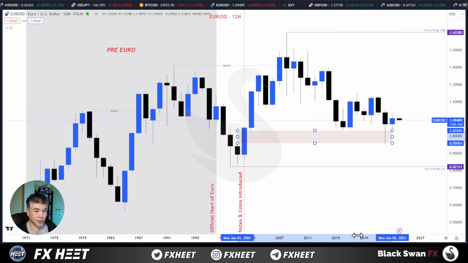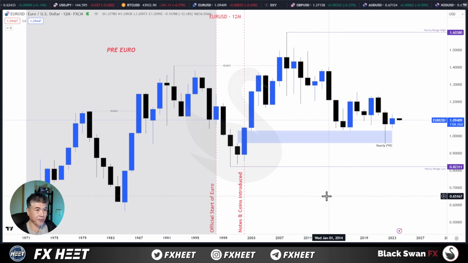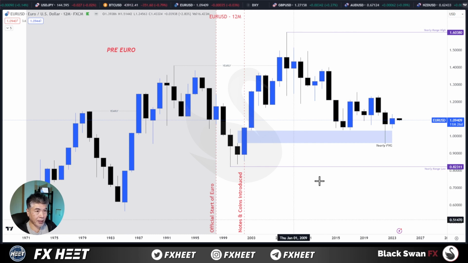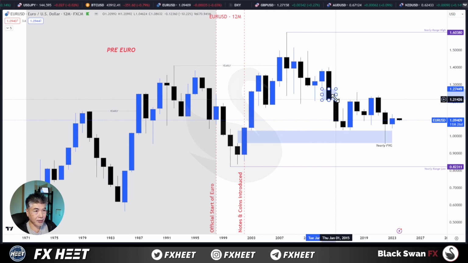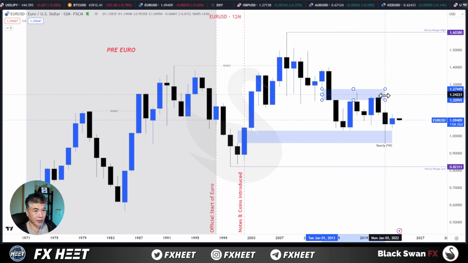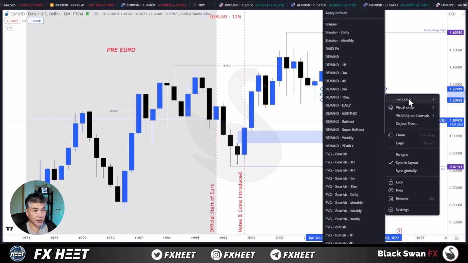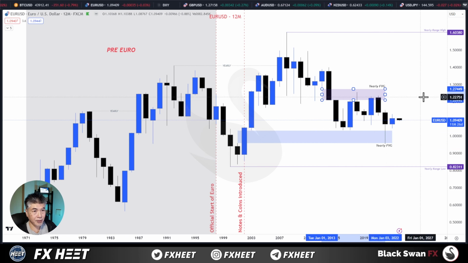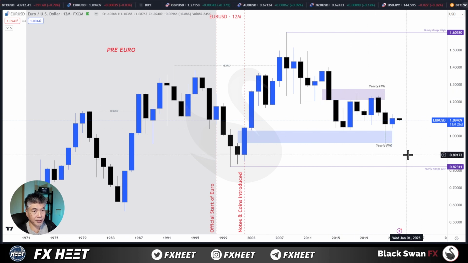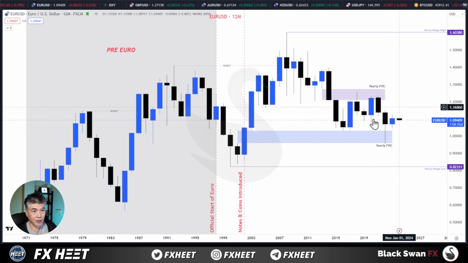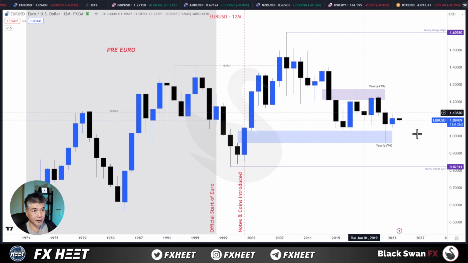So this is a bullish yearly fair value gap. And then we also have a fair value gap right at the top, which has also been recently filled, mostly filled. And then besides that, there's really no inefficiencies in between.